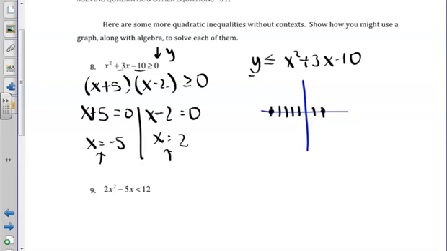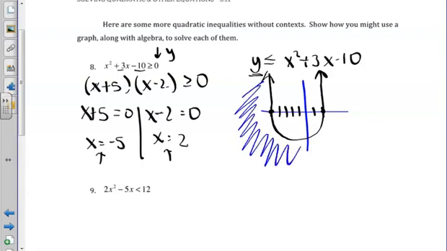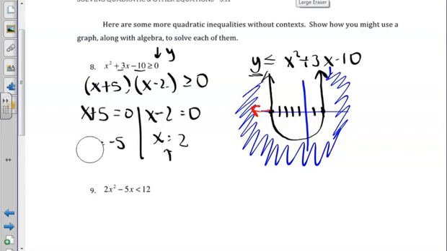So if I want y to be less than, and I sketch what this parabola may look like, I know it faces up because a is positive, less than this graph is going to be everything out here. So that means my inequality signs need to be less than or equal to negative 5. So let me change that.